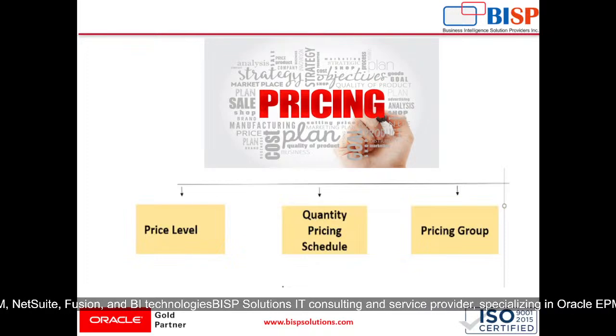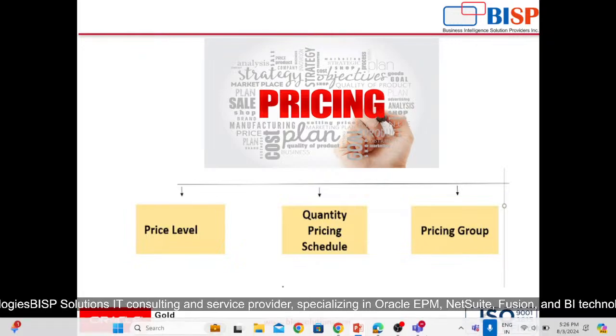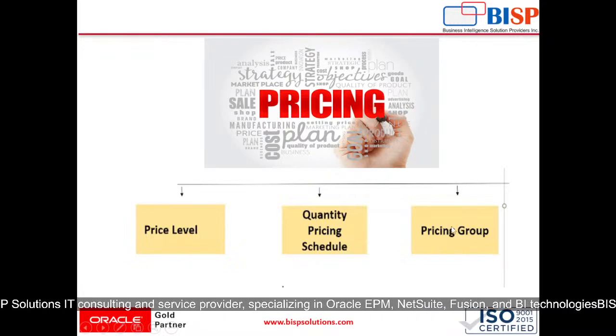So this is what item pricing means. Price level is different, quantity pricing schedule is different, and pricing group, which I explained just now, is different.